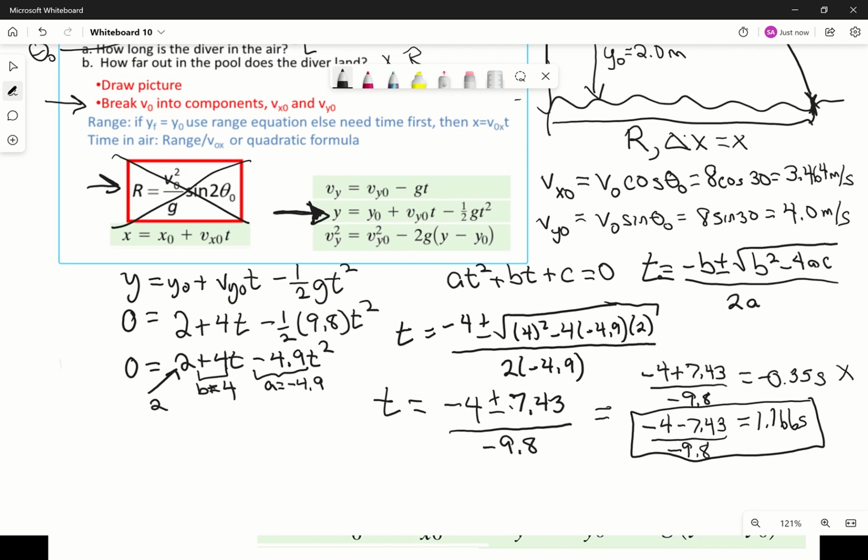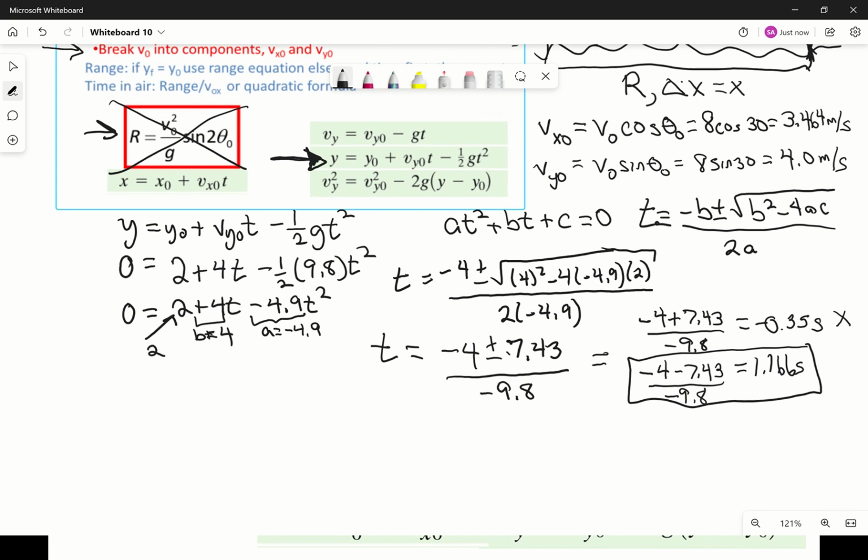So I'm just going to scroll down to give myself a little bit more room. So we're going to use x equals x0. And if it doesn't tell you in the problem, just assume that x0 is 0. So it just gets rid of it from that equation up there at the top. All right, so it's going to just be vx0 times t. So it's going to be 3.464 meters per second.